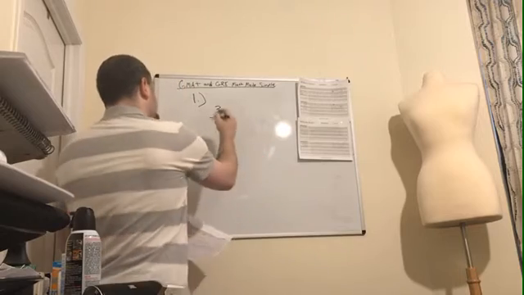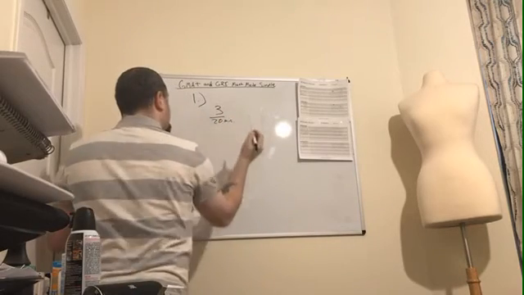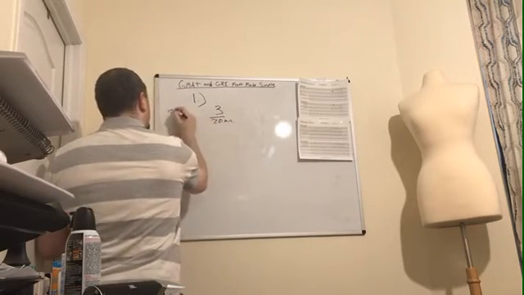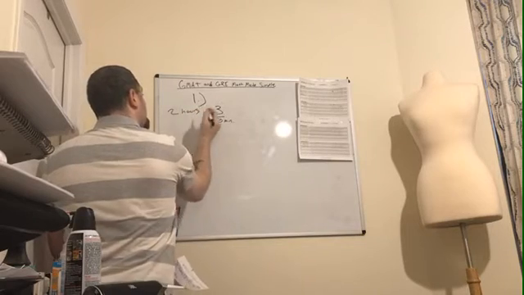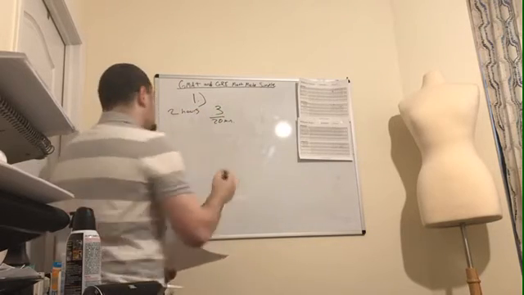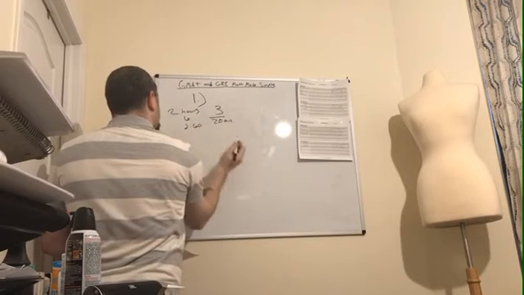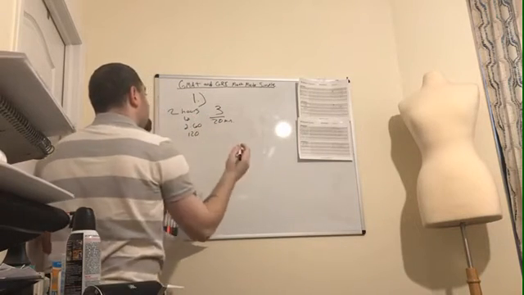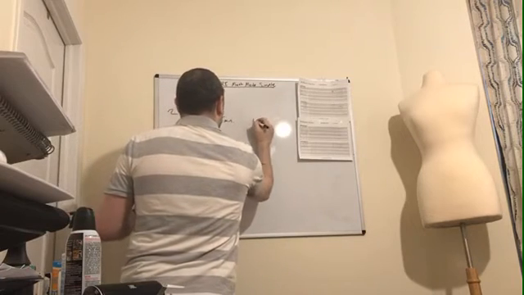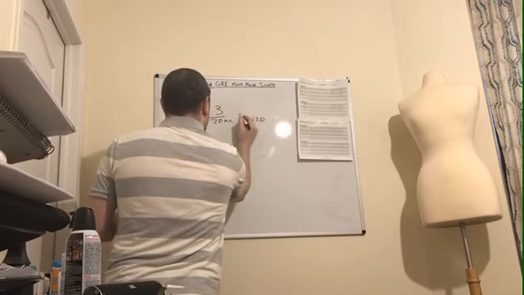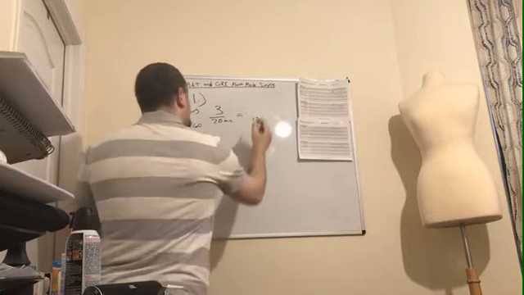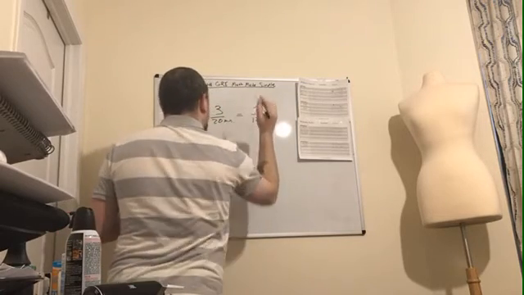Since this is in minutes, we should take the 2 hours and put that into minutes. That equals 2 times 60, because that's how many minutes are in an hour, which is 120. We're trying to make sure these are equal, and this right here is what we need to find.